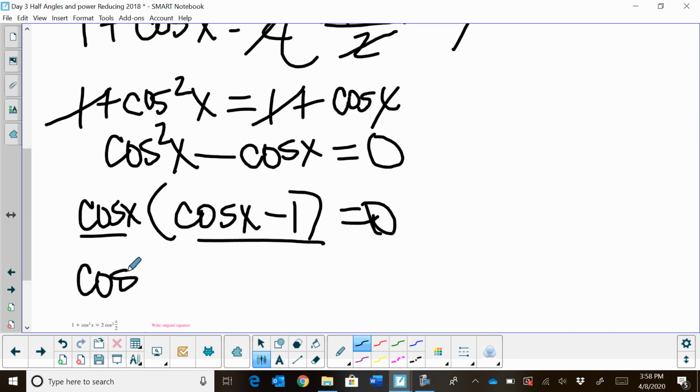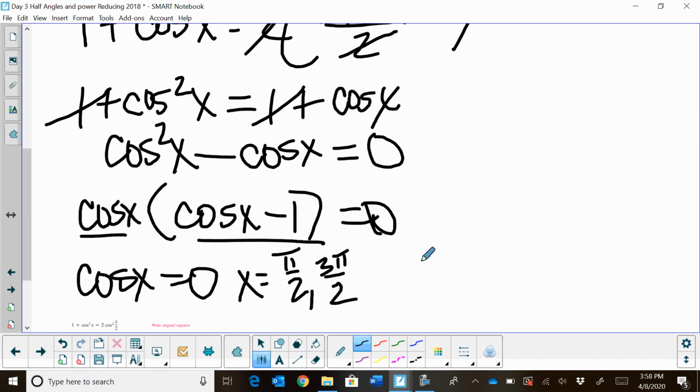So where is cosine x equal to 0? Well, cosine x is equal to 0 where x is pi halves and 3 pi halves. And let's look where cosine x minus 1 equals 0.